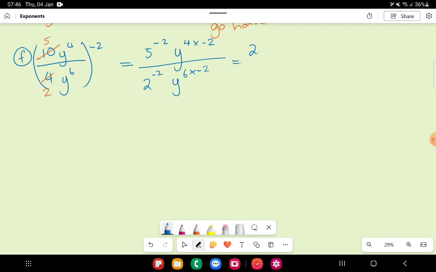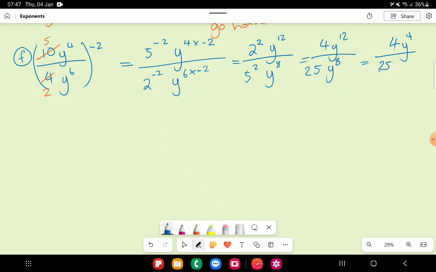This becomes 2 to the power of 2 y^(6 times 2 is 12) over 5 to the power of 2 y^(4 times 2 is 8), so it becomes 4y^12 over 25y^8. Now I need to subtract, and I'm going to say 4 over 25, 12 minus 8 is 4, y^4 on the top, and that's my final answer.